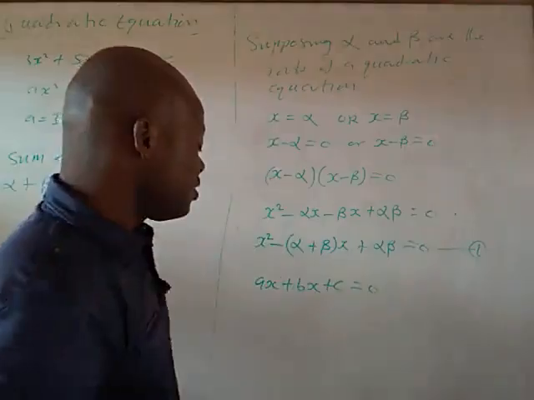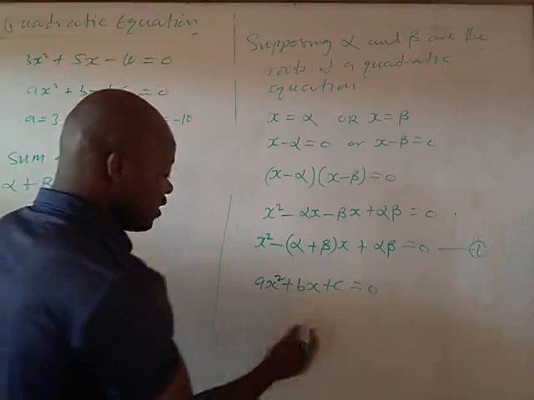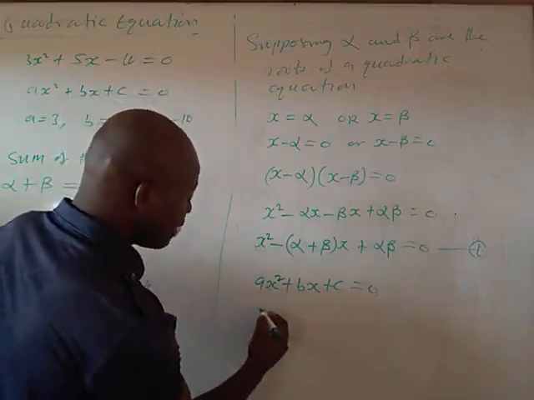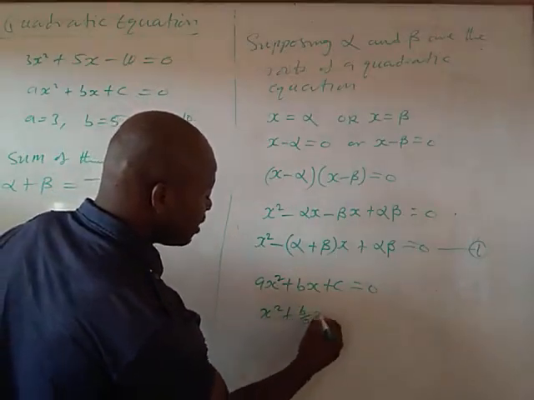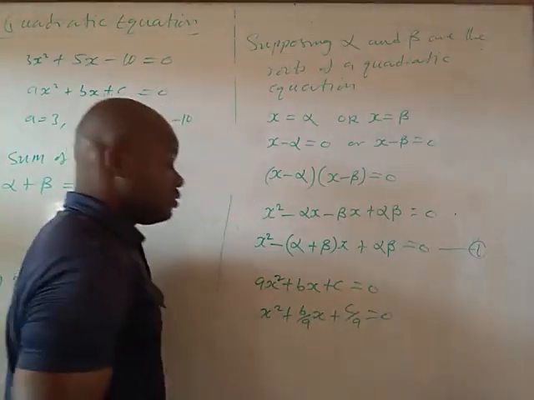What do we have as the coefficient of x squared here? We have a. Therefore, divide both by a, so that we have x squared plus b over a x plus c over a equal to 0.